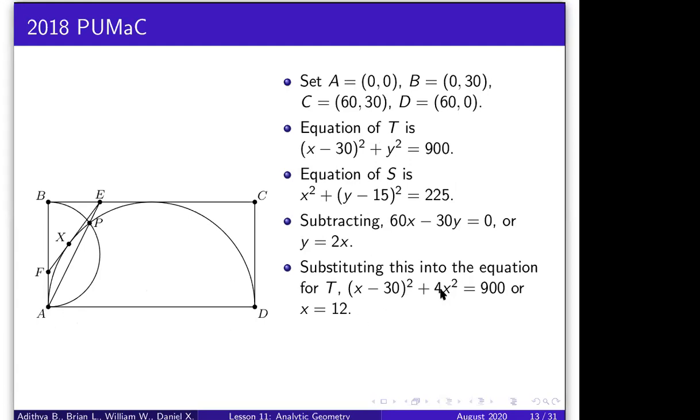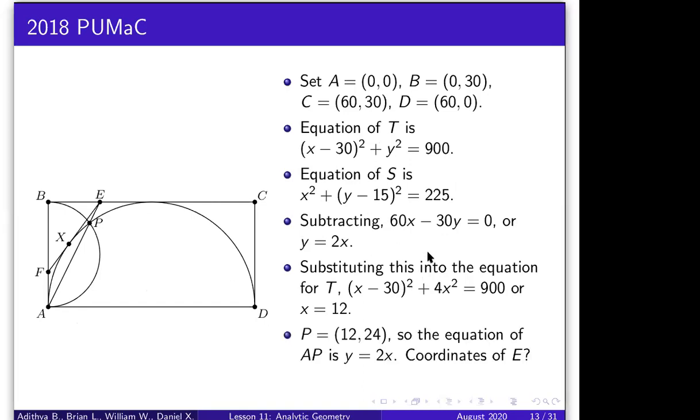So whatever equation we end up with has to have x equals 0 as a solution. So we can solve this and get x equals 12. So that means the coordinates of P are (12, 24). And note that the equation of line AP is y equals 2x.